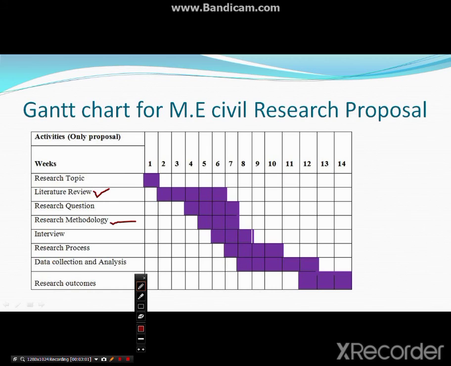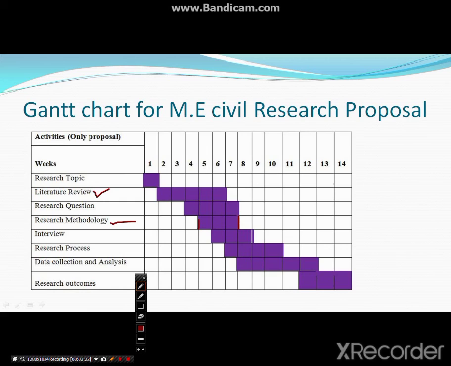The start time of research methodology is the fifth week of the project, and the end time is the end of the seventh week. So the total duration of the research methodology is 3 weeks.